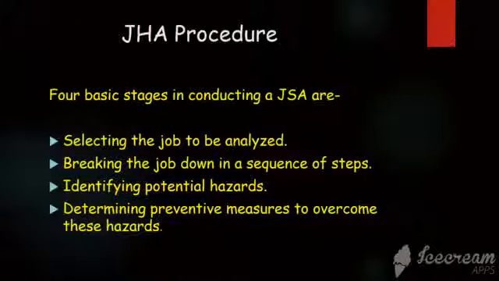It means when you are going to do a job, for example in the movie Padman, when Akshay Kumar is going to make a machine, he breaks the job into four parts. Third, identifying potential hazards. And fourth, determining preventive measures to overcome these hazards.